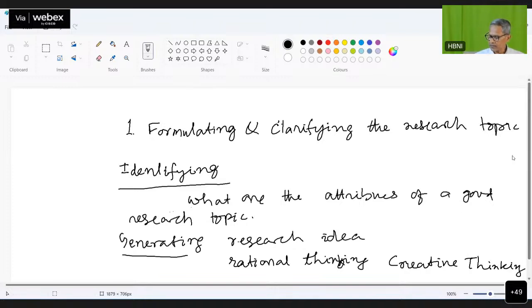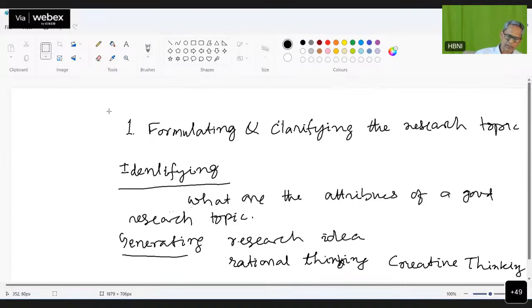We will also discuss how to generate a research idea. Once we know what are the attributes of a good research topic, then the next thing is to generate a good research idea.